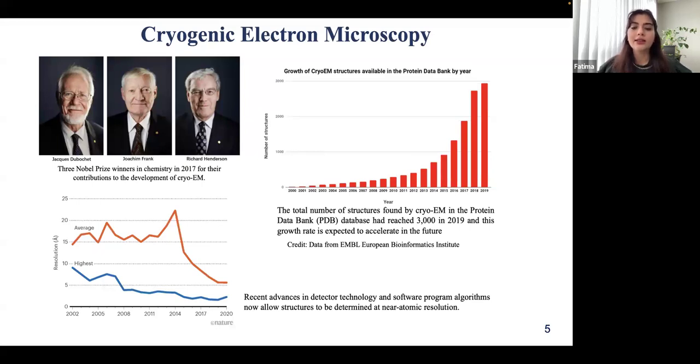And on the right side, you can see the total number of structures found by cryo-EM in the Protein Data Bank, the PDB database, which reached 3,000 in 2019, and this growth rate is expected to accelerate in the future.